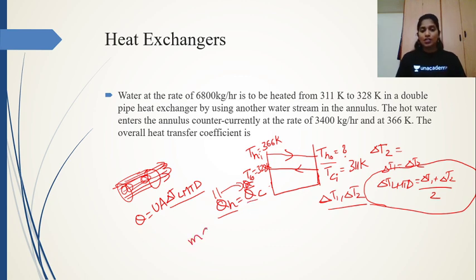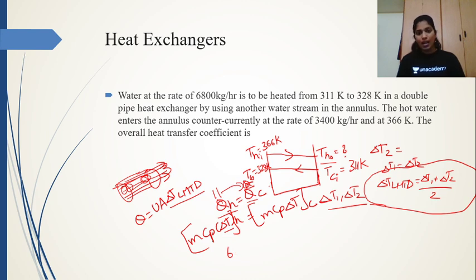So Qh is equal to m Cp delta T of the hot fluid is equal to m Cp delta T of the cold fluid, right? We have data about the mass of the cold fluid and the mass of the hot fluid also, and Cp will be the same because Cp depends upon the material, right?